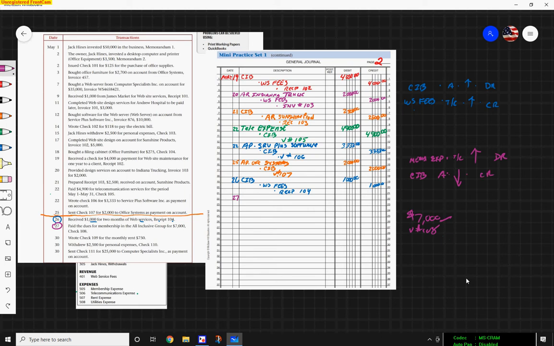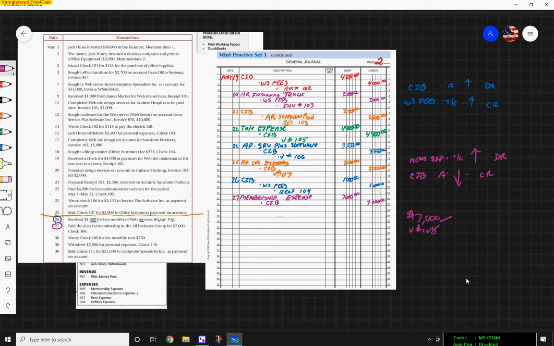So membership expenses, and that was for $7,000. And cash in bank decreasing by $7,000.